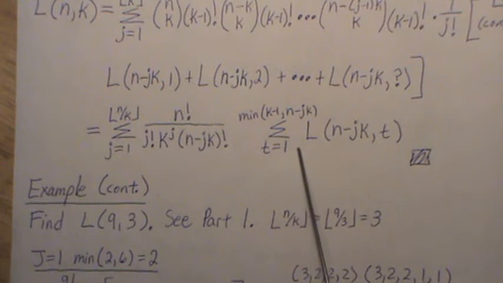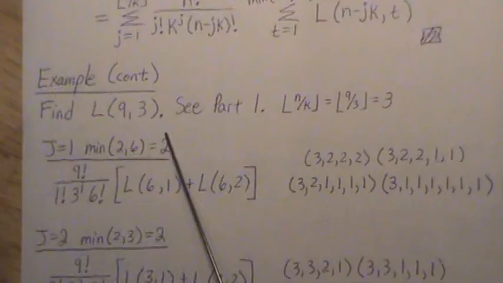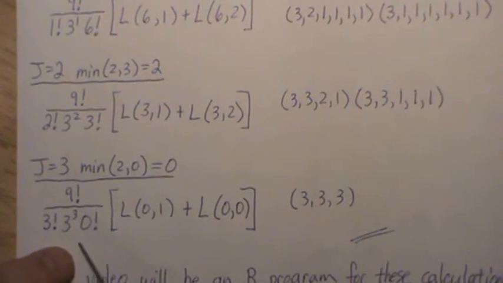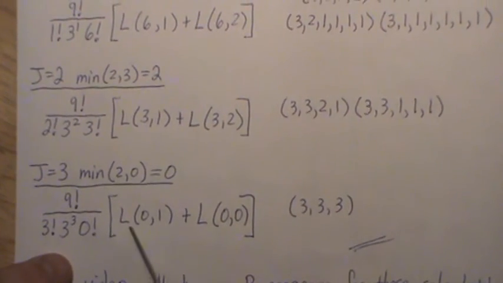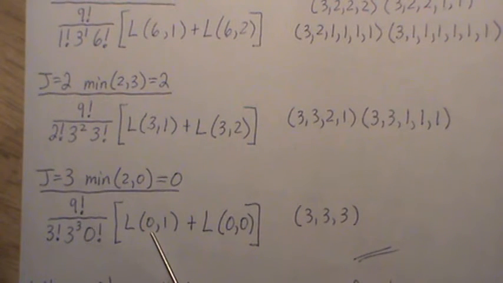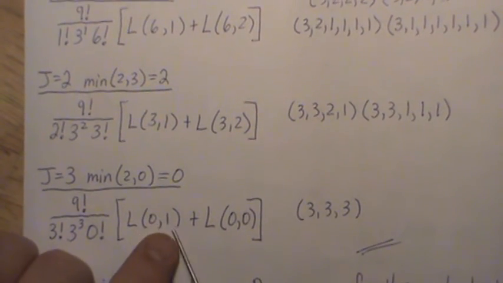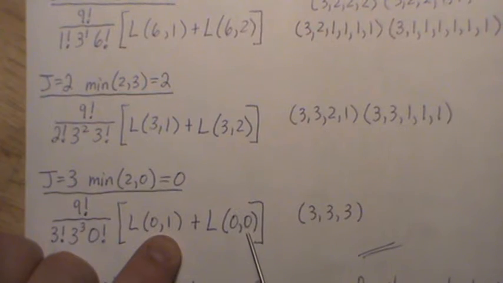But in R, it goes from 1 to 0. All right, so this piece out front is this here, and then it reduces to 0 here, right? N minus 3 times K, which is 3, so it's 9 minus 9, which is 0. And then we go from 1 to 0.